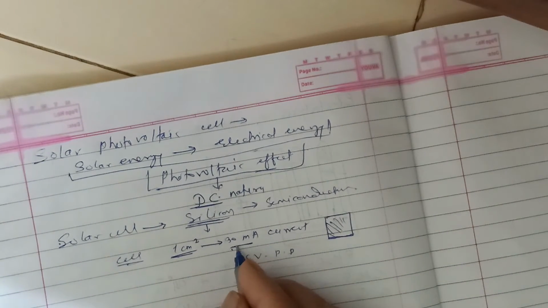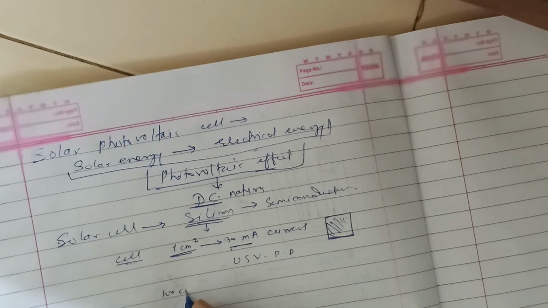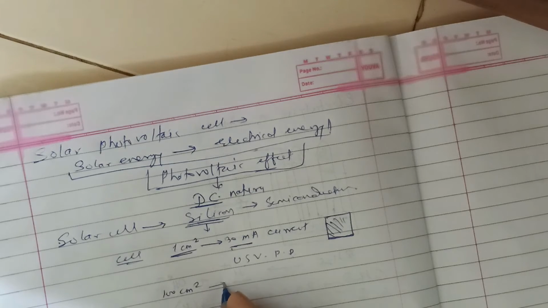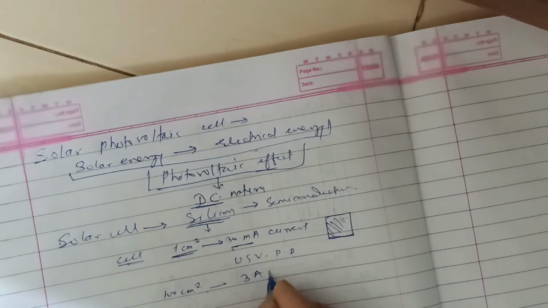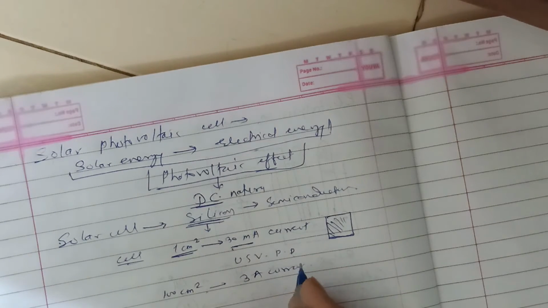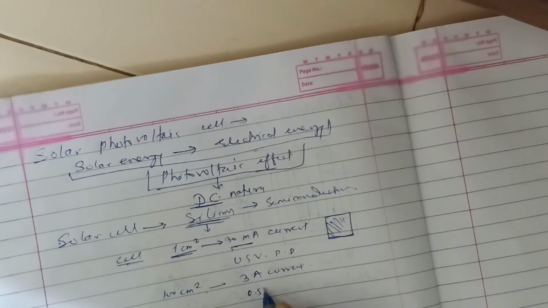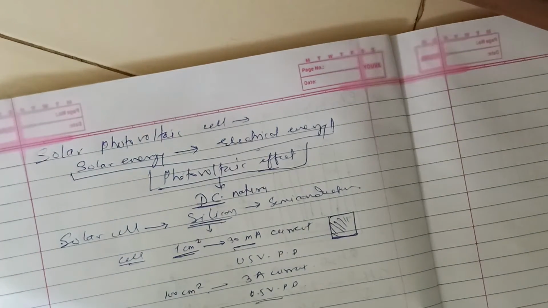Current is 30 milliampere and potential difference is 0.5 volt. Similarly, if we use 100 centimeter square area, then it produces 3 ampere current, but the potential difference remains the same.